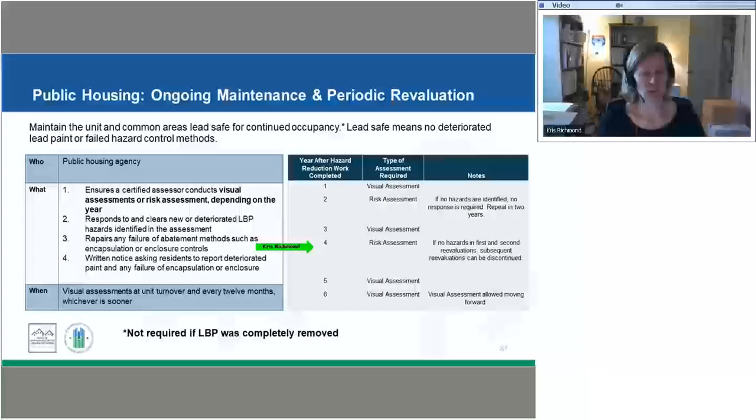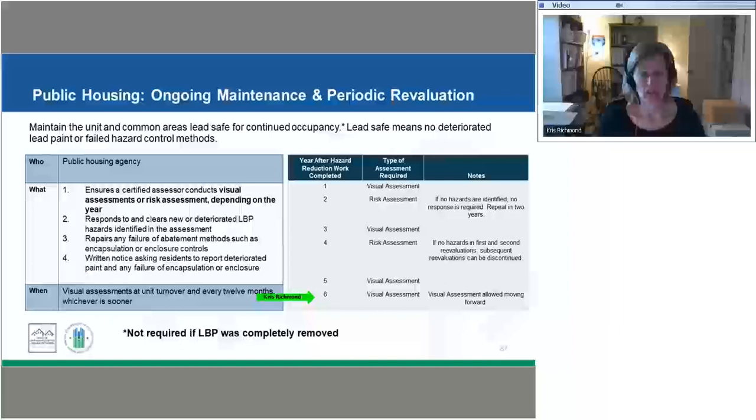If no deterioration occurs, then we're allowed to do visual assessments moving forward. And we're making sure that we're keeping records, having copies of all the work that was done. The workers do need to be certified using RRP, and we're keeping our records for that.